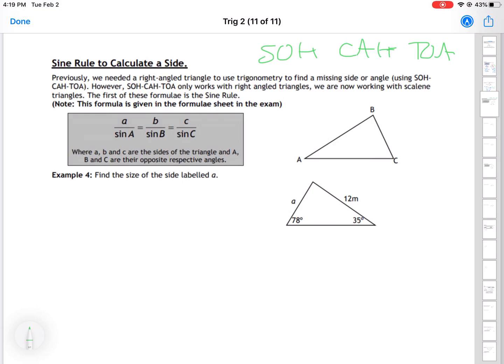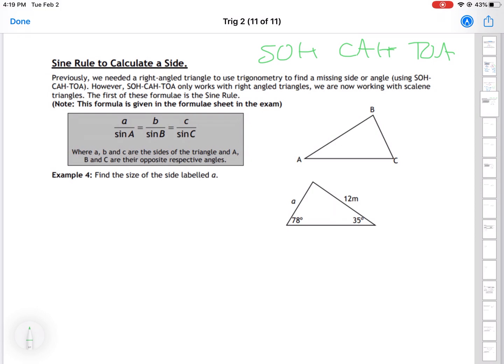When we don't have right angled triangles, we use something called the sine rule or the cosine rule. Now, these are used in different situations, and it will depend on the context of the question which one of the rules you have to use.